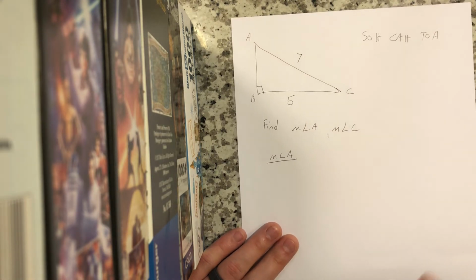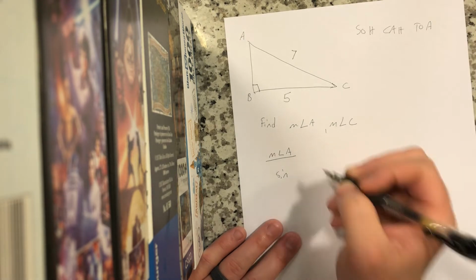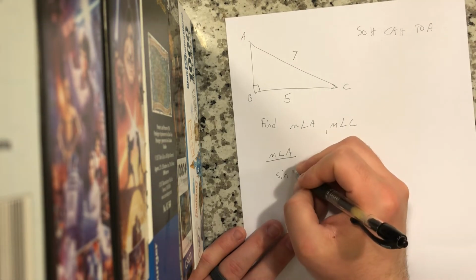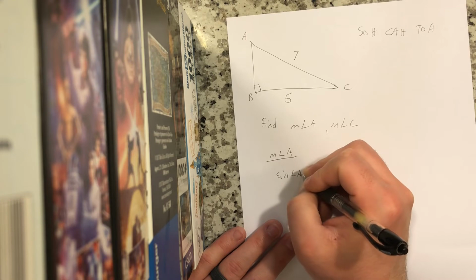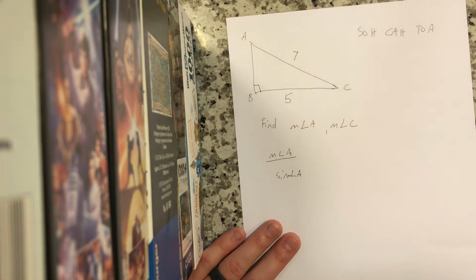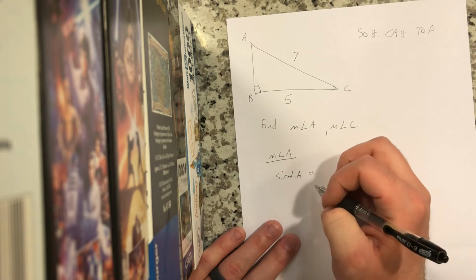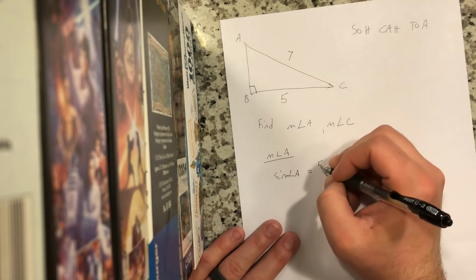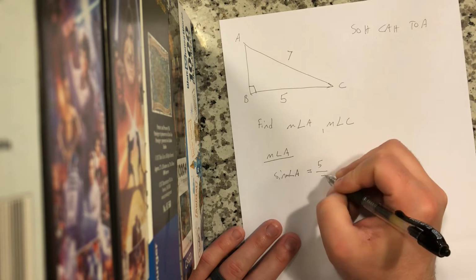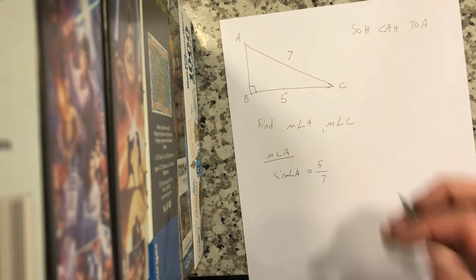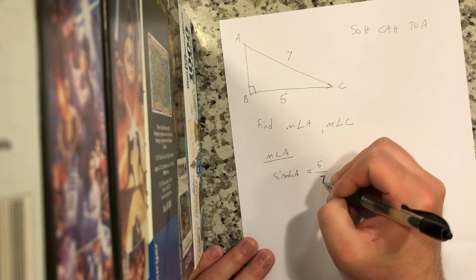So that's going to be sine. So we're going to have sine of the measure of angle A equal to the opposite over the hypotenuse.